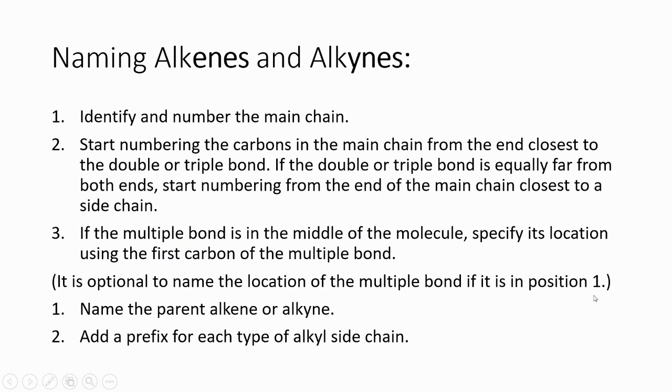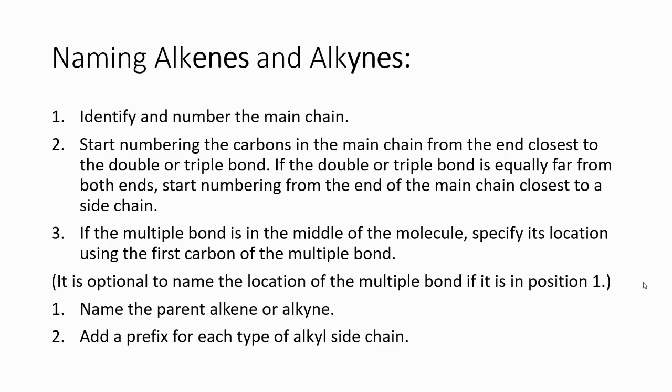Okay. So we talked about this rule. 3. If the multiple bond is in the middle, specify its location using the first carbon of the multiple bond. So just use the lower number if you can. It is optional to name the location of the multiple bond if it is in the 1 position. Kind of like if you have a cyclo and there's a group on there, you can either say 1-pentene, or you can just call it pentene because it's at the first position.